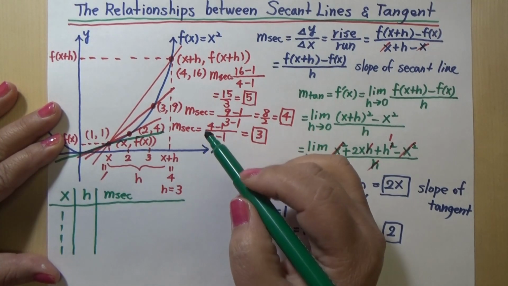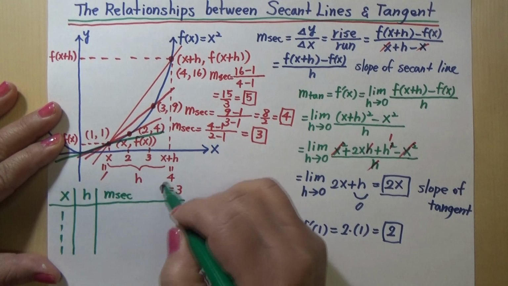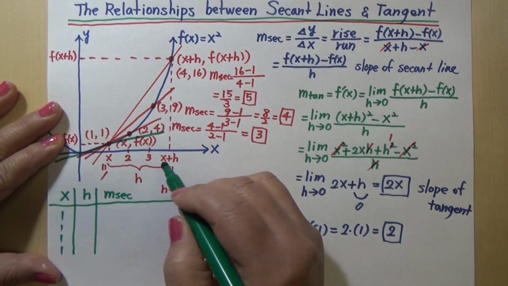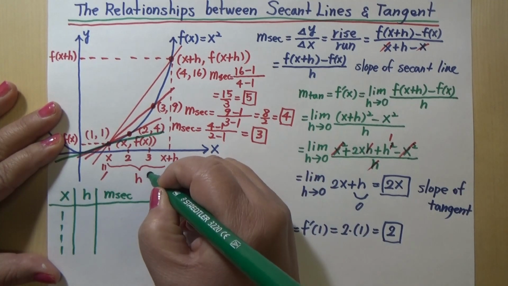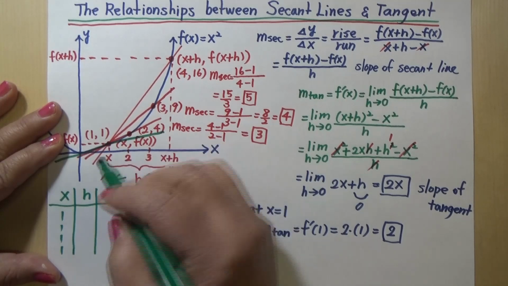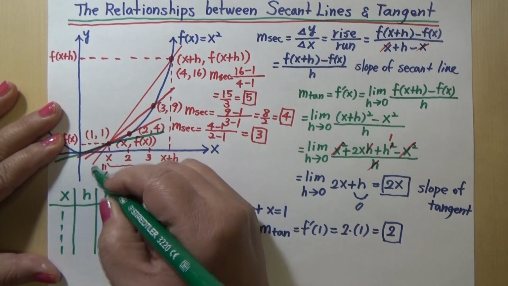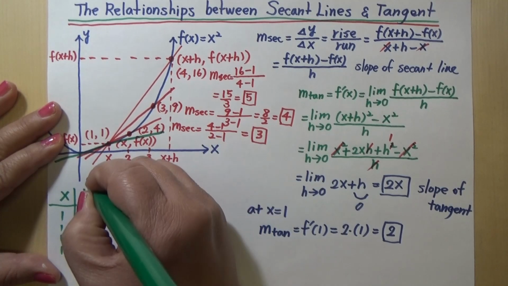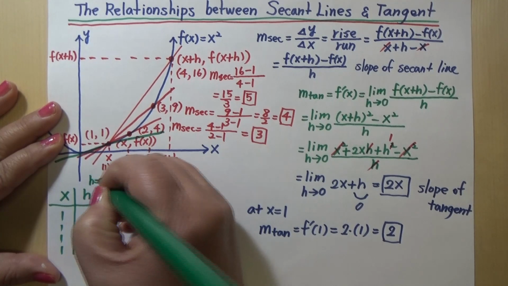First of all, h is 3, and then moving to the next, and then at x equal to 1, h is 0.